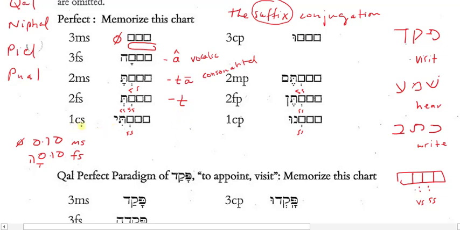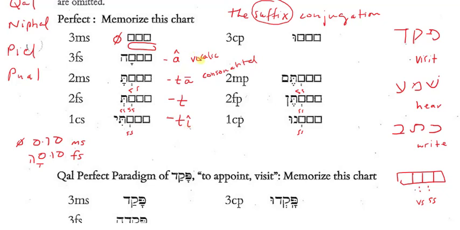Okay. And then if I want to say that I did something, I'm going to add T to the end of root 3. Silent shava will be under root 3. So this is transliterated tav with a kirik yod, which is an I and a party hat. Is that a vocalic or a consonantal ending for I did it? That's also consonantal, right?